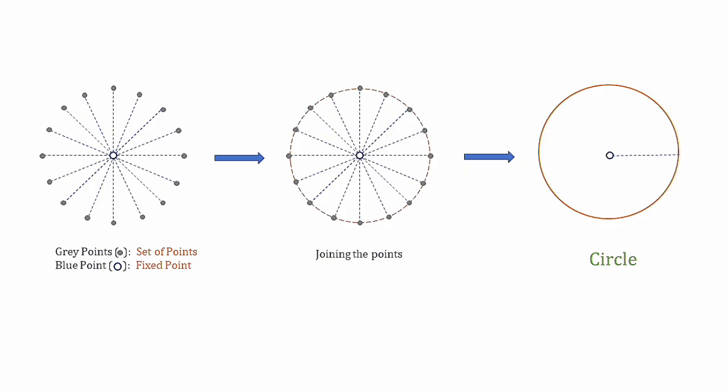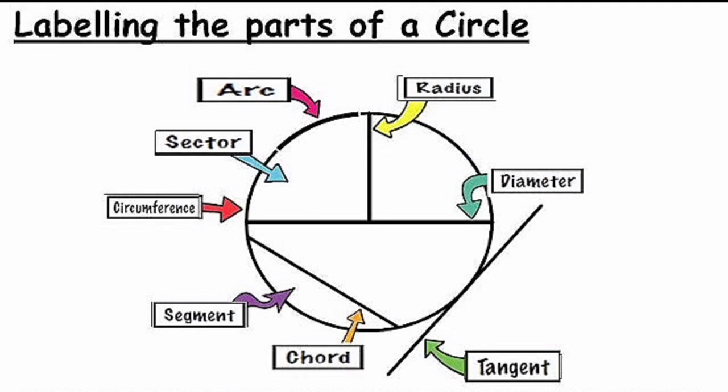So now, different theorems are based on the various parts of this circle. And when we say various parts of the circle, you remember the parts we're talking about: segments, tangents, sectors, the center, radius, diameter, chord. Good. Remember all these parts of a circle.